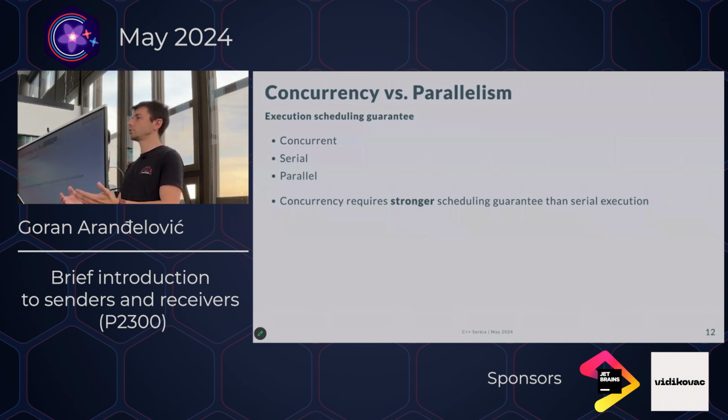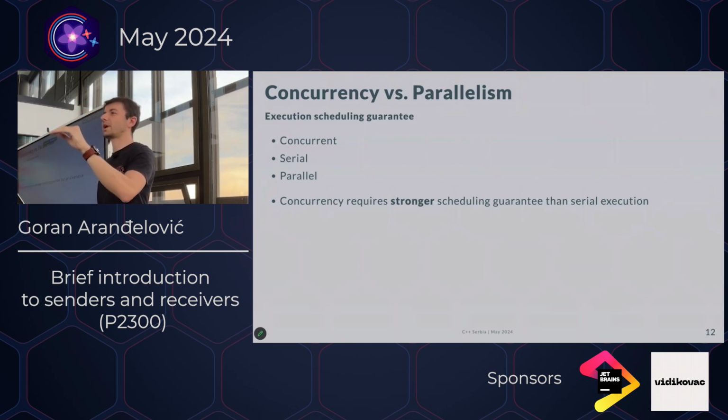So serial execution, you know how you will execute your task. Execute line by line, right? I mean, roughly said, okay? But when you have tasks which are operating concurrently, then your runtime has to provide some forward progress guarantee in order for your software not to end up being blocked, okay? So runtime has to provide that guarantee.